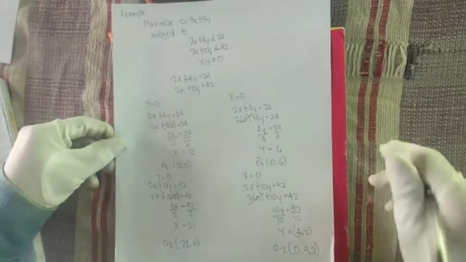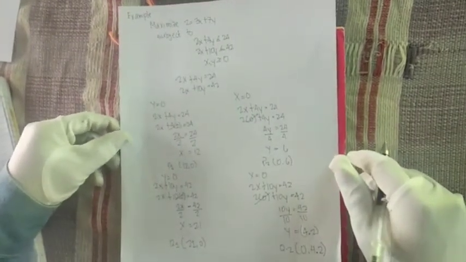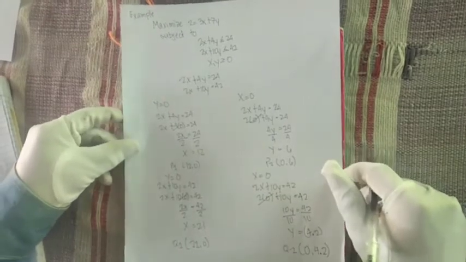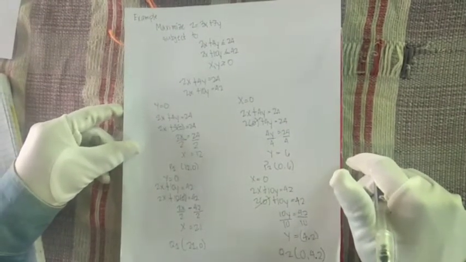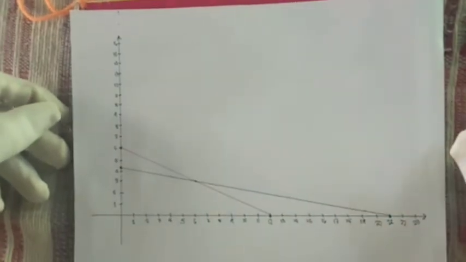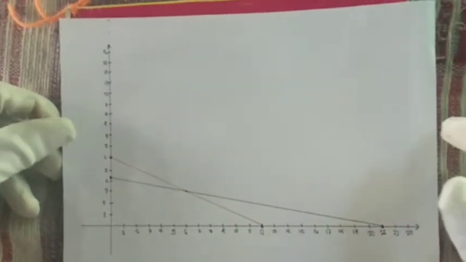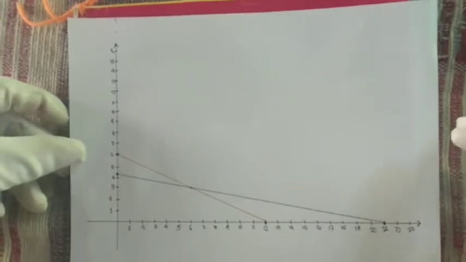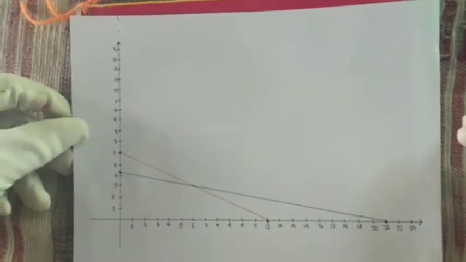So we must plot these in the graph to find the solution. It occurs at the extreme points or corner points. So we show them in the graph. So in our initial graph, we just take the first quadrant since both x and y are positive because of the non-negativity constraints.